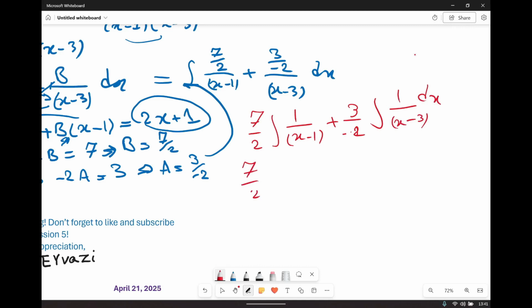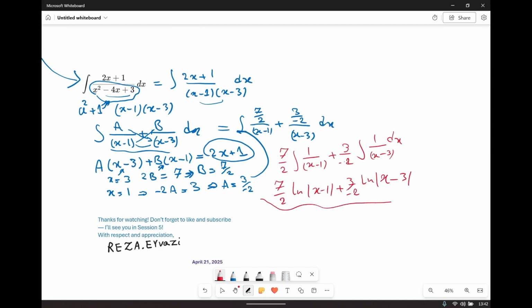That is 7 over 2 ln absolute value of x minus 1 plus 3 over minus 2 ln absolute value of x minus 3. Am I right? Therefore, this integration's answer plus c.